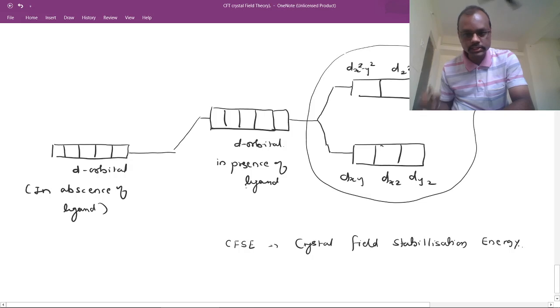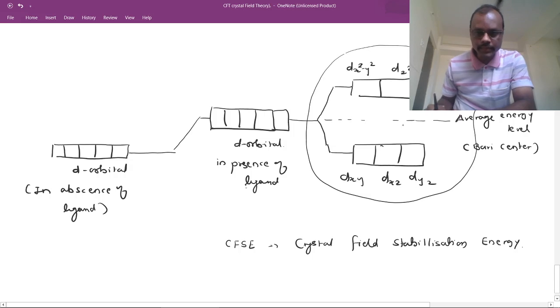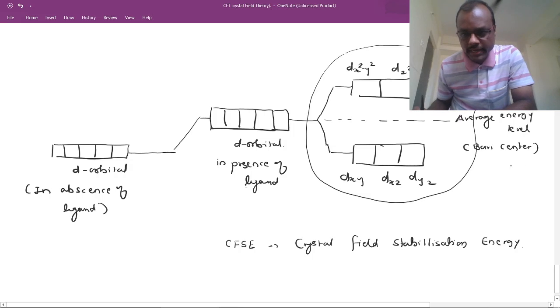If I consider this as my average energy level, it is called the barycenter. Barycenter means the average energy, which is always zero.